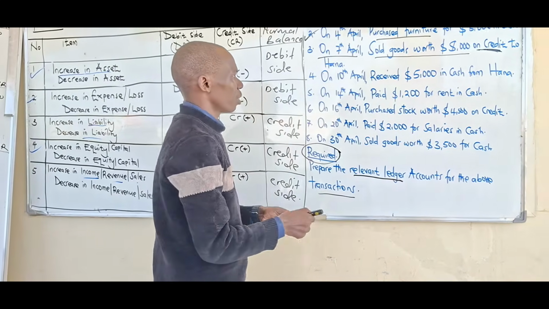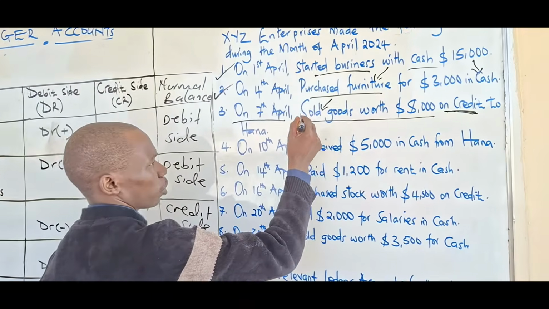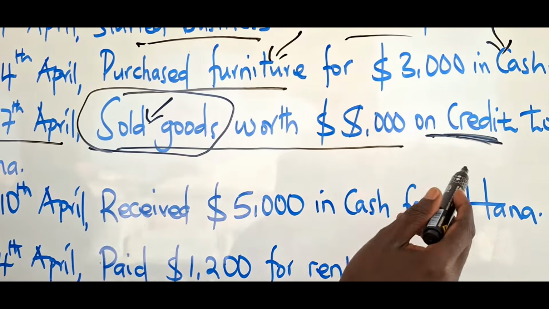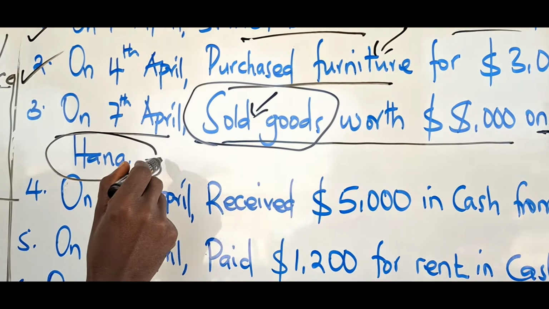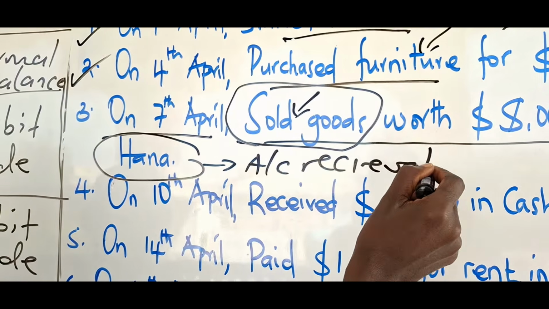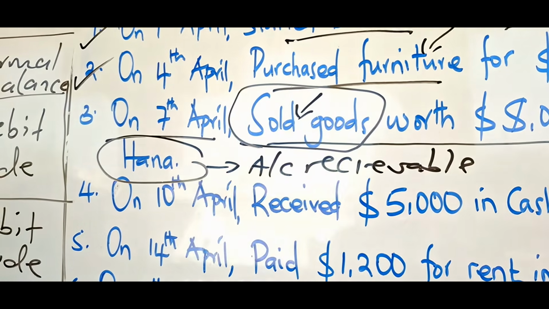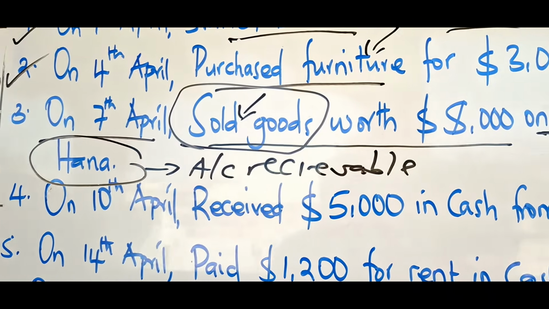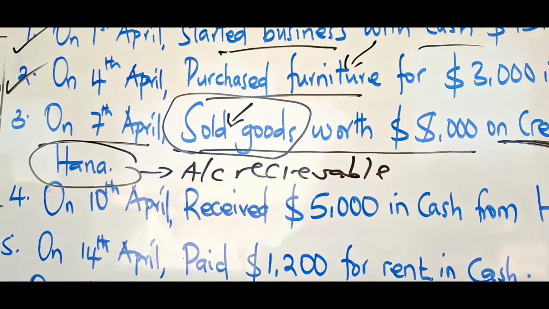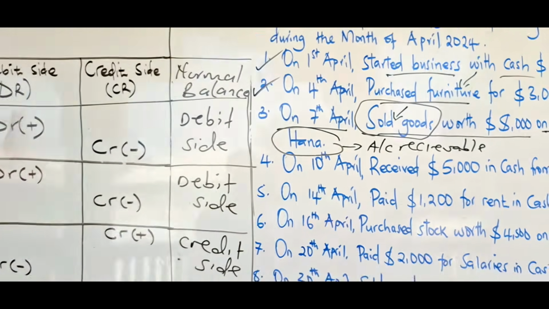We have the sales account here. We are selling goods, so create the sales account, and we also have Hana. This is an account receivable. Since we have been told that it is Hana, it is very important to create the individual accounts. You can open Hana's account and the sales account.